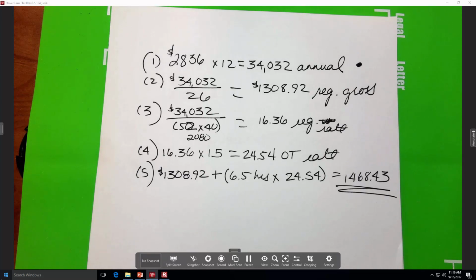So between 35 and 40 hours, my overtime is really my regular rate, so I get my salary plus a couple hours at, in this example, $16.36. But if I go over 40, I've got to be paid time and a half. You with me? So let's try an example like that.